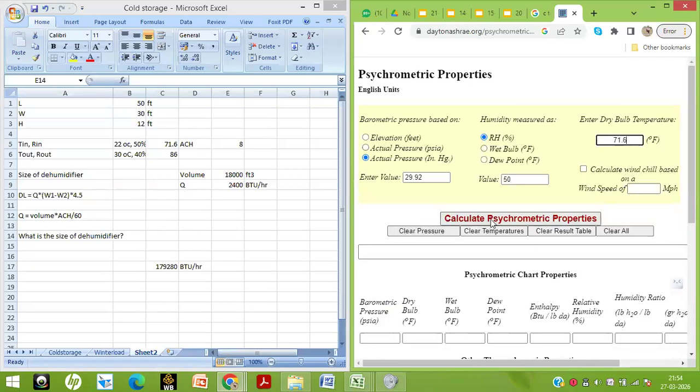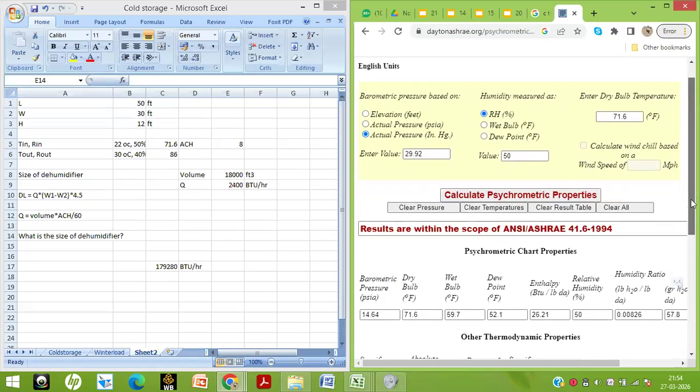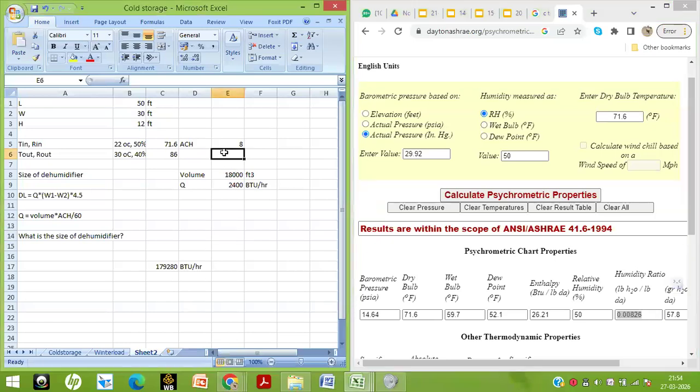In the psychrometric calculator, we got the humidity ratio as 0.00826 lb per lb. So at this condition, let's put it here.